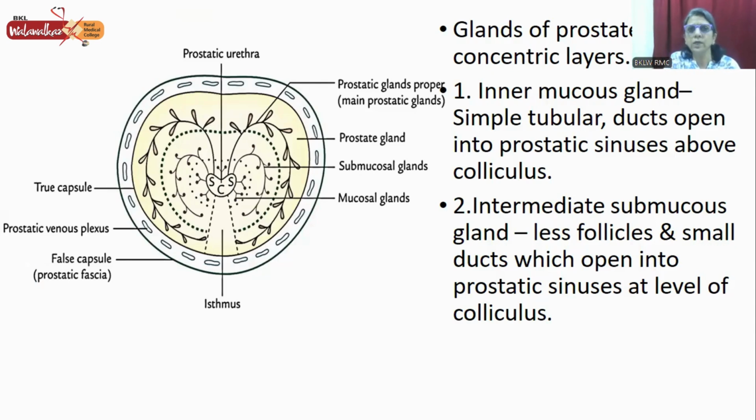The innermost glandular tissue consists of simple tubular glands, whose ducts open into the prostatic sinus above the colliculus. The intermediate glands are submucous, with fewer follicles and small ducts, which open again into the prostatic sinus but at the level of the colliculus.